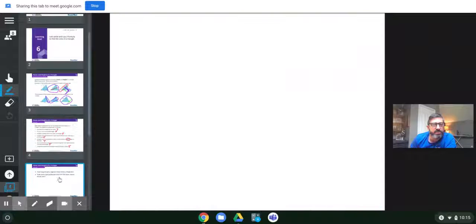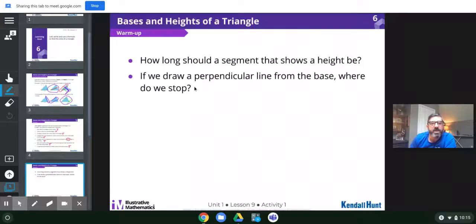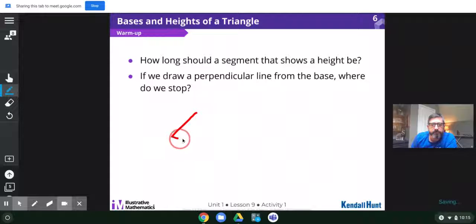All right, so on the next slide, how long should a segment that shows a height be? Well, it has to stop where? If we're using this line here as the base, and then we draw the height, where does it have to stop?